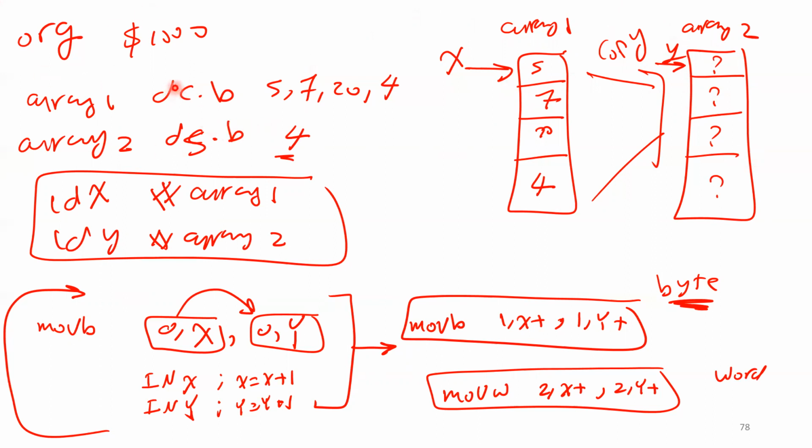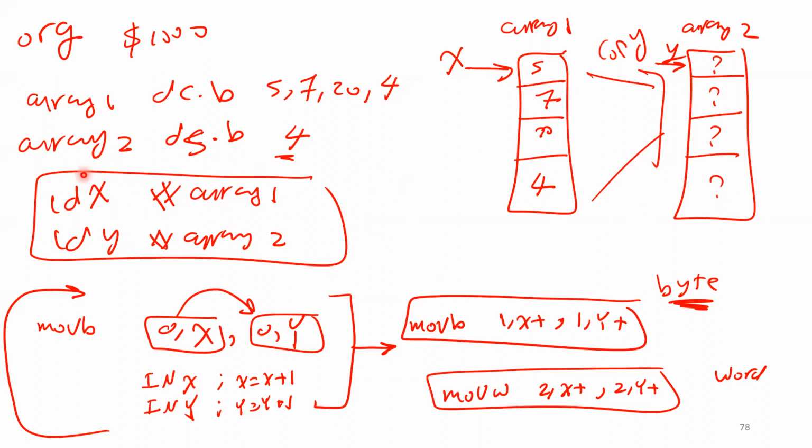So if you see here, guys, org 1000, here I define the 2 arrays. One array is initialized, as you see here. The other array is uninitialized. Is that okay? So now I define the 2 arrays. One is initialized, the other one is uninitialized. And then load X, hashtag array 1. Load Y, hashtag array 2. Very important. We're going to do this one all the time. I explained last time.